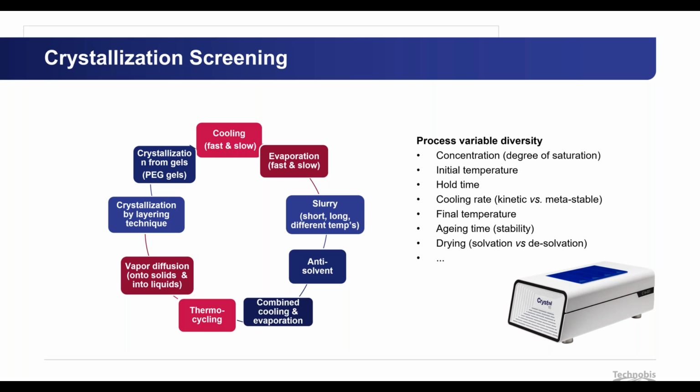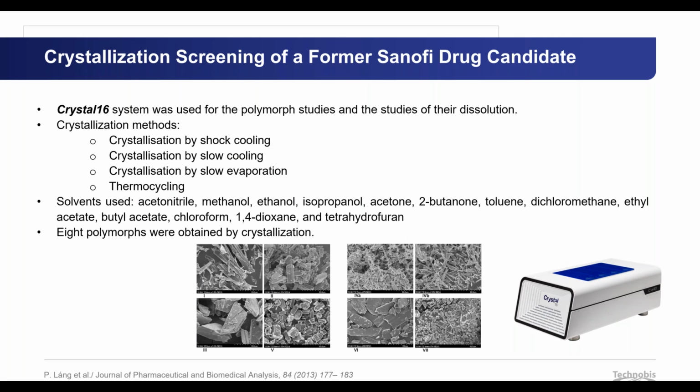Those two you would not do on the Crystal16, but all the others are quite easy to perform. Controlled crystallization on the Crystal16, and the next day, if another scientist comes in the lab and wants to repeat your experiment, then you will be sure that you will get the same results, and you will not have surprises.